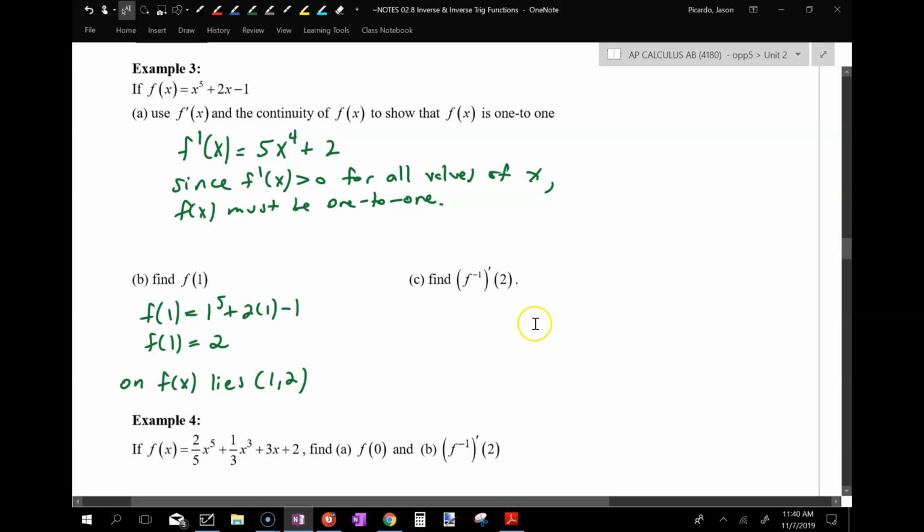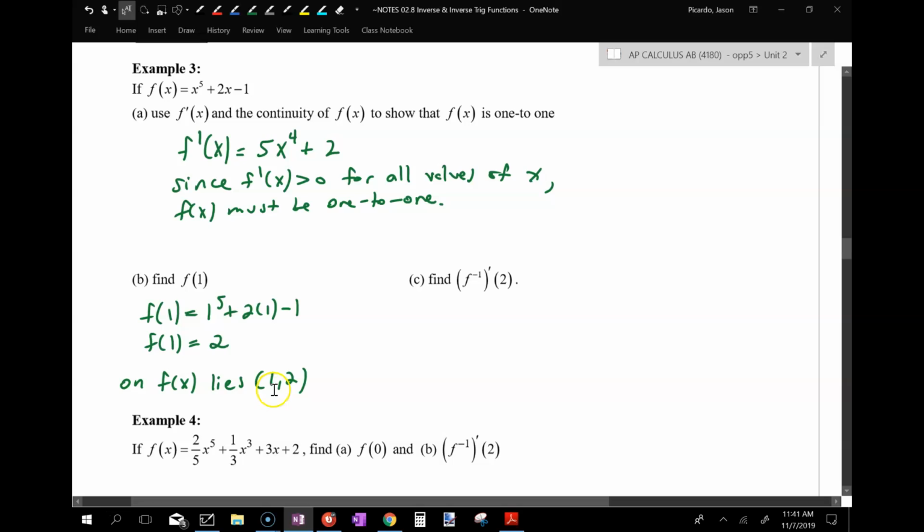So what is this asking me to do? It's saying, on the inverse, find the derivative at 2. With me? On the inverse, find the derivative at 2. So let me ask you this question. Evan, do I know what point corresponds to 2?